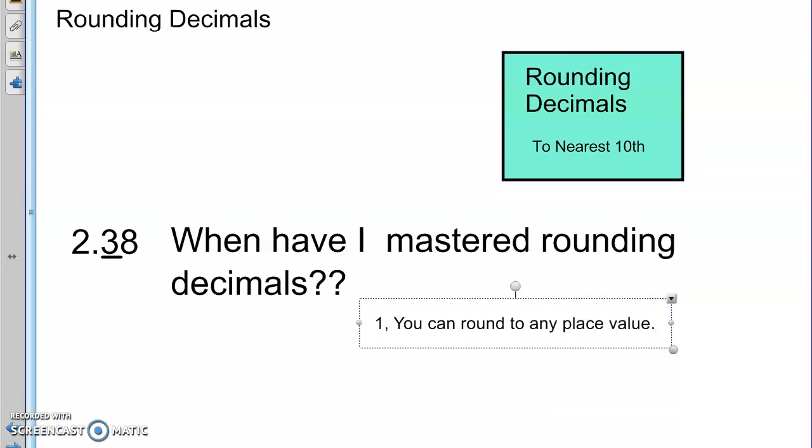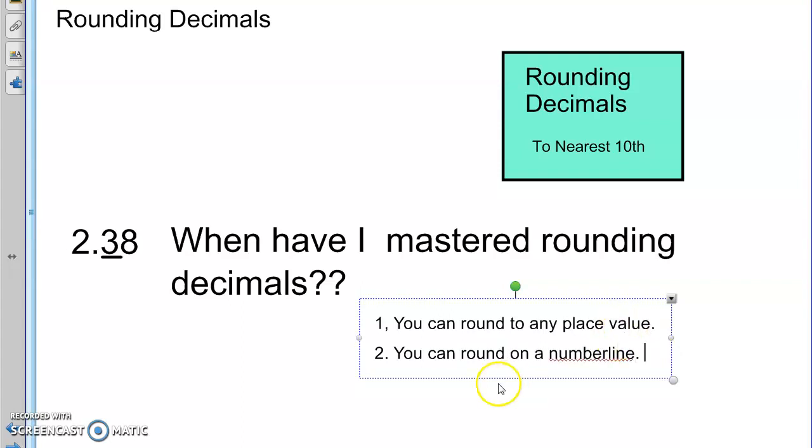And you can round on a number line. So we're going to show you two different ways of rounding 2 and 38 hundredths, using the number line and rounding it to the place value of tenths.